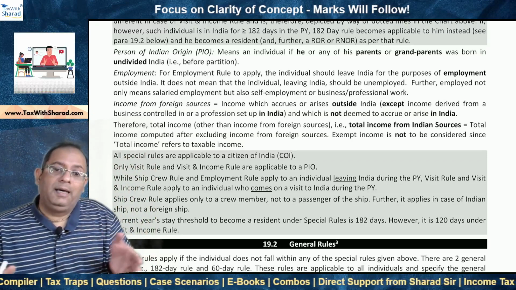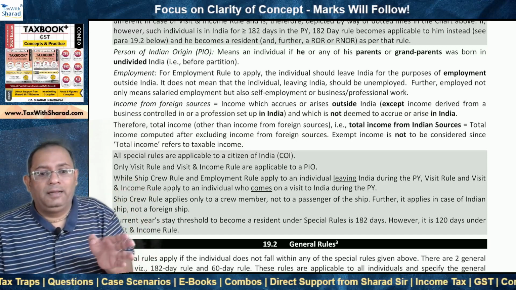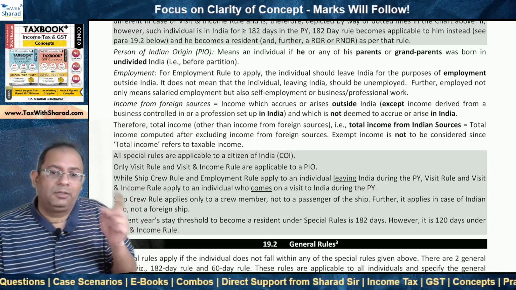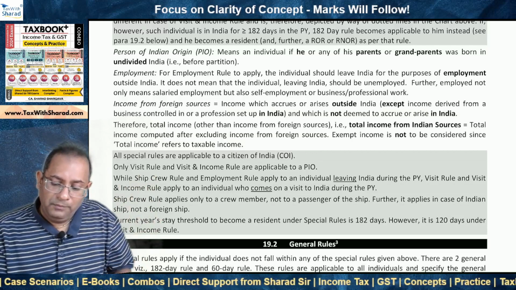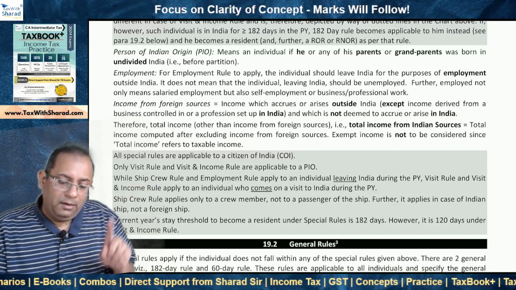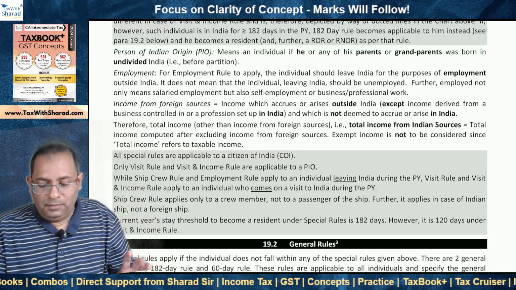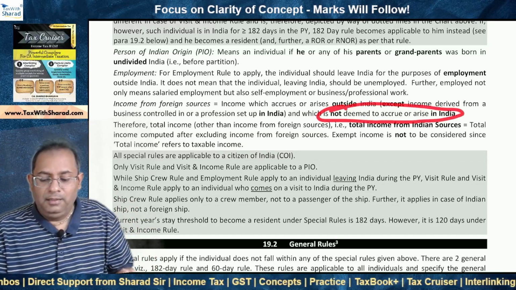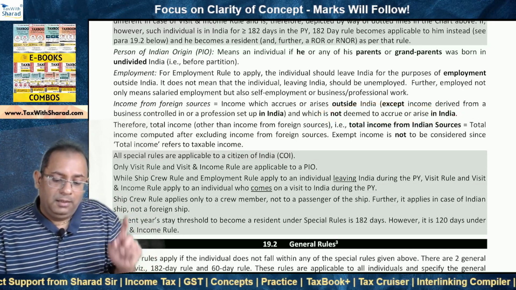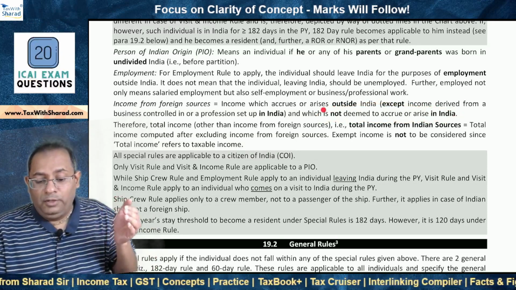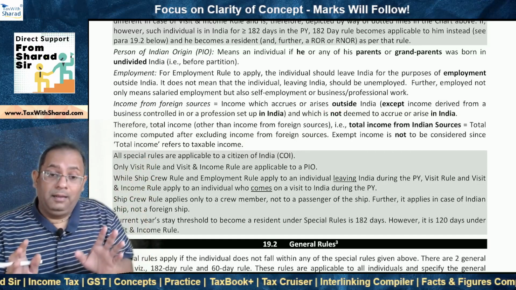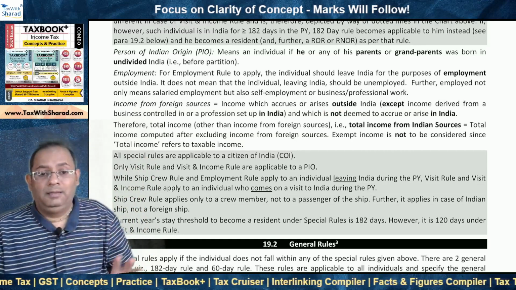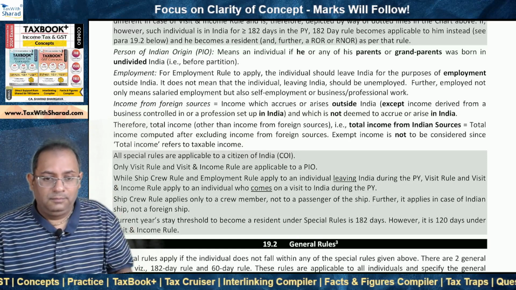Therefore, since they are deemed to arise in India, they will be categorized as Indian income. We cannot say that it is foreign income, and therefore such incomes are not income from foreign sources, which is not deemed to accrue or arise in India. So income from foreign sources is income accruing or arising outside India and not deemed to accrue or arise in India.